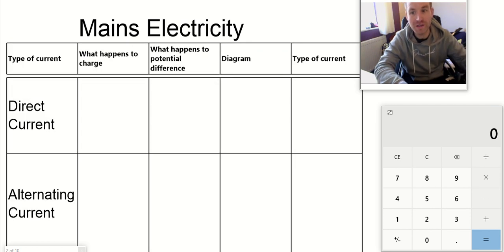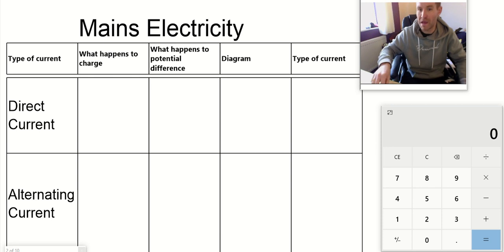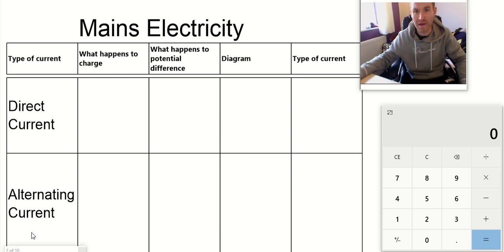So the first question here says mains electricity, type of current, what happens to the charge, what happens to potential difference, a diagram, and the type of current. Okay, well that's quite simple, so that last section we don't really need. So let's have a little look at this. Let's use my red pen and away we go.